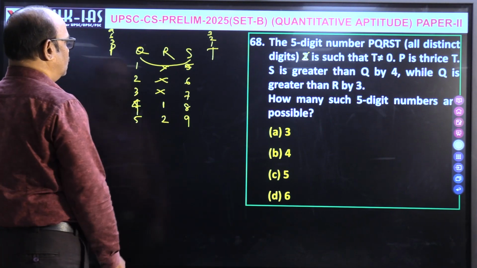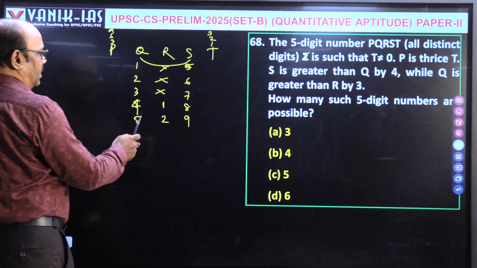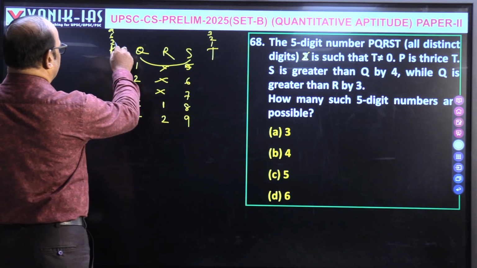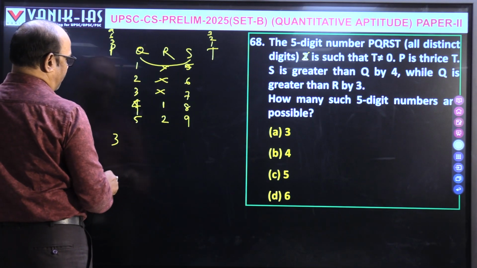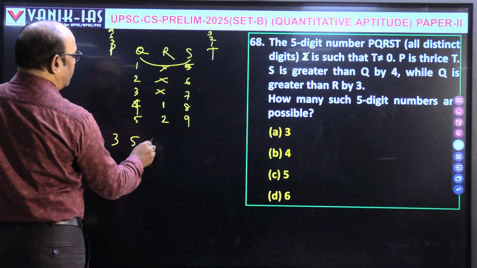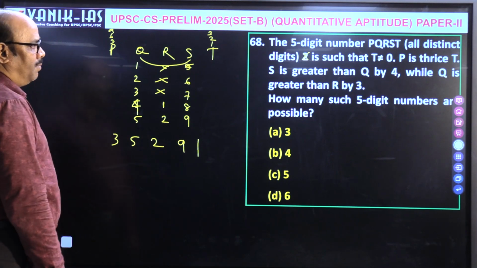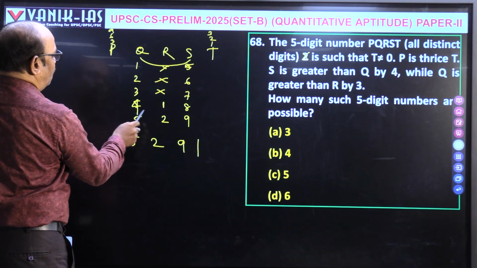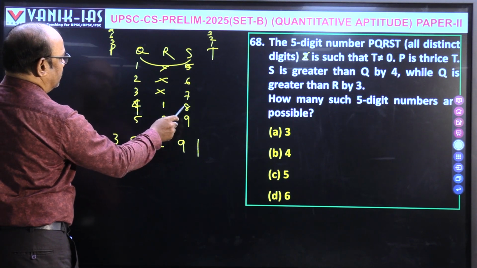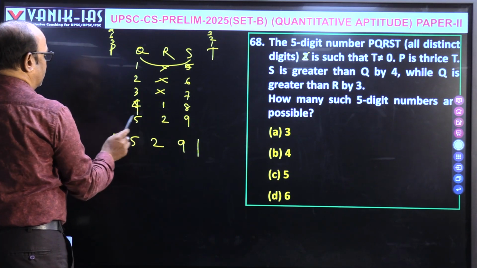So consider these possibilities for the numbers. Suppose take P as 3: 3, 5, 2, 9, 1. All distinct numbers, right? Possible. Again 3, 4, 1, 8, 1 is not possible because 1 is repeated. That's why only 3, 5 is possible.